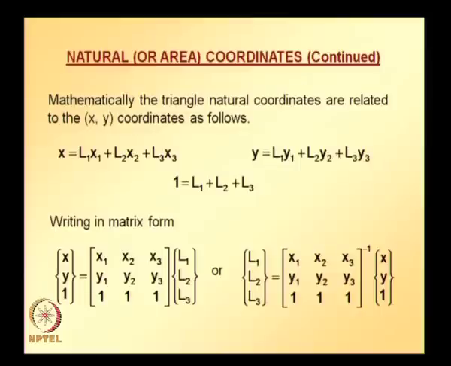Since we know the coordinates of all the three nodes, nodes 1, 2, 3 being the vertices of the triangle, we can easily figure out x1 y1, x2 y2, x3 y3. So, we can easily find L1 L2 L3 in terms of x y for any point having coordinates x y.